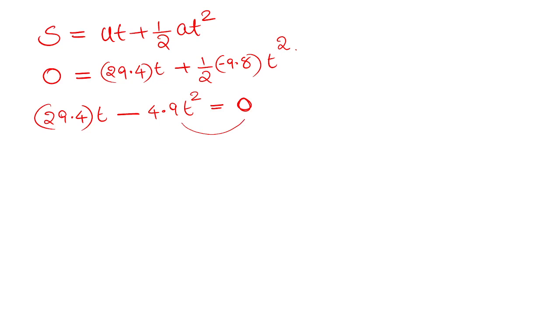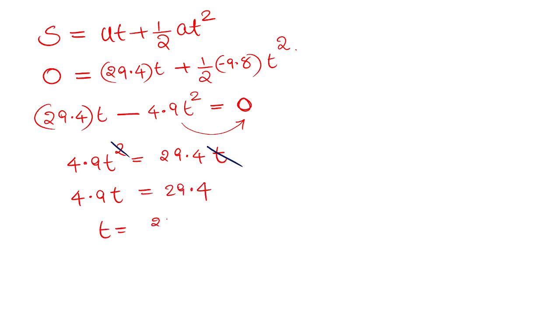Take one of the terms to the other side. 4.9 T square equal to 29.4 T. One T cancels, T is a non-zero number, right? 4.9 T equal to 29.4. T equal to 29.4 divided by 4.9.